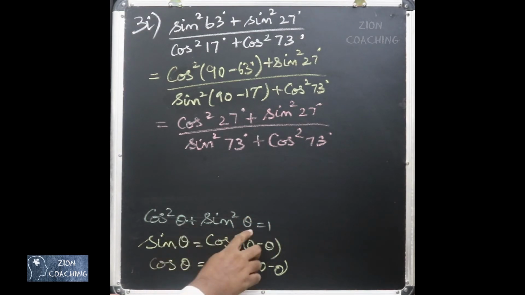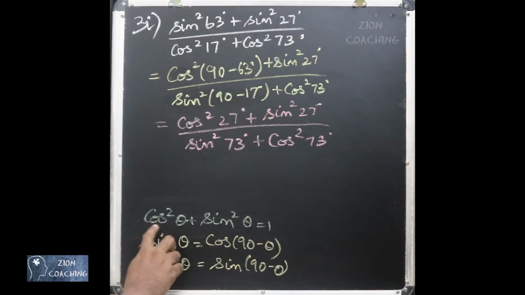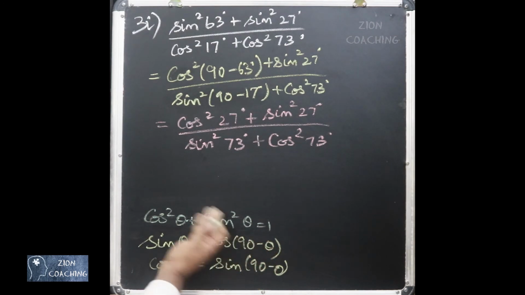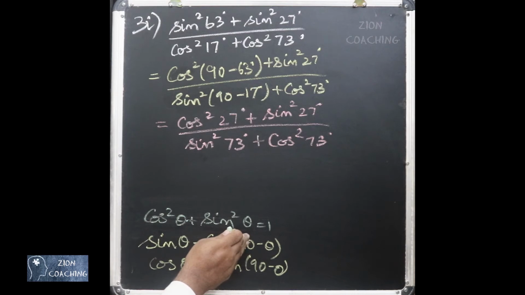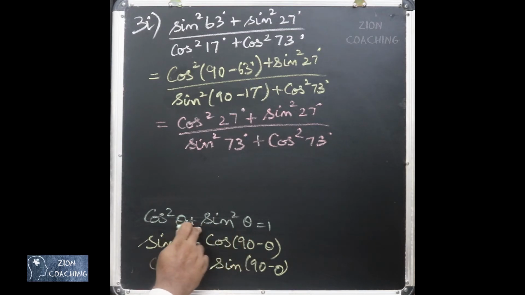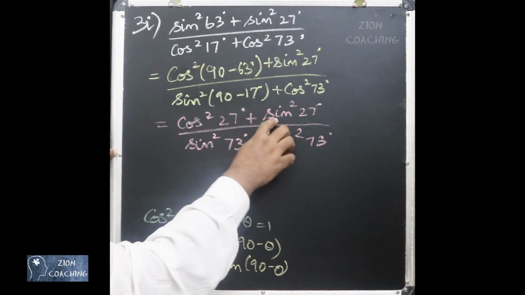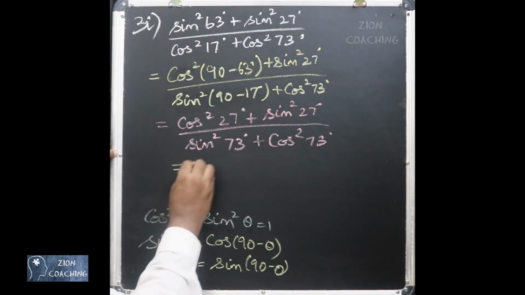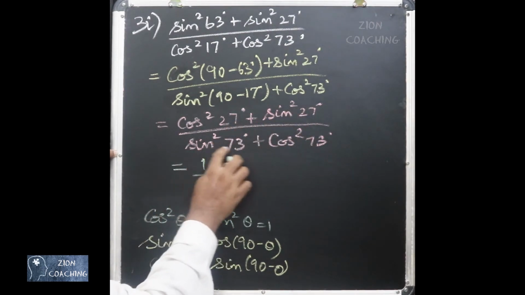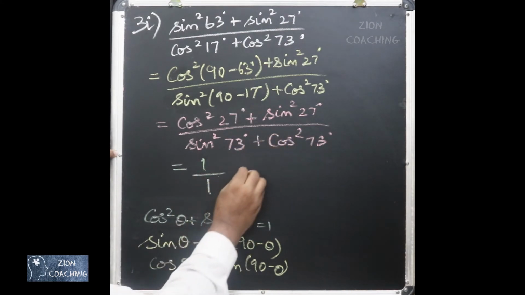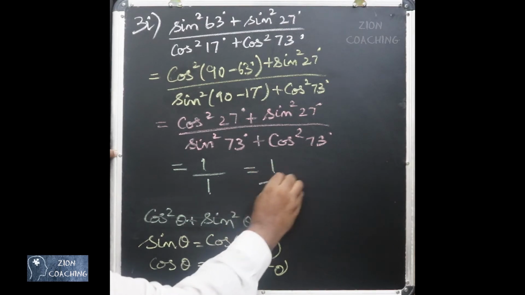If theta value is going to be the same, then cos squared theta plus sin squared theta value is 1. Since addition is commutative, it can also be sin squared theta plus cos squared theta. So we have cos squared 27 degree plus sin squared 27 degree equal to 1. Sin squared 73 degree plus cos squared 73 degree equal to 1. So 1 divided by 1 equal to 1. 1 is the answer.